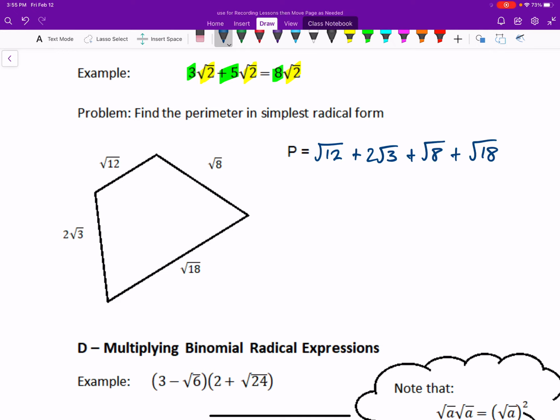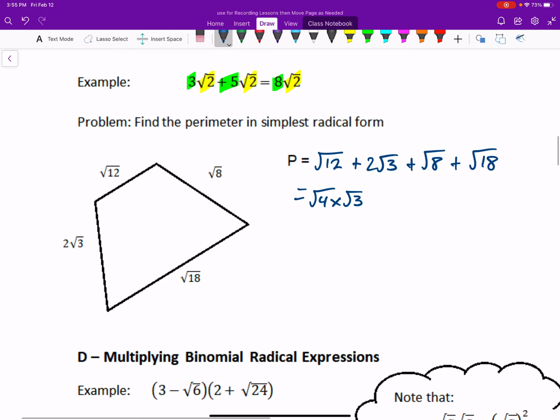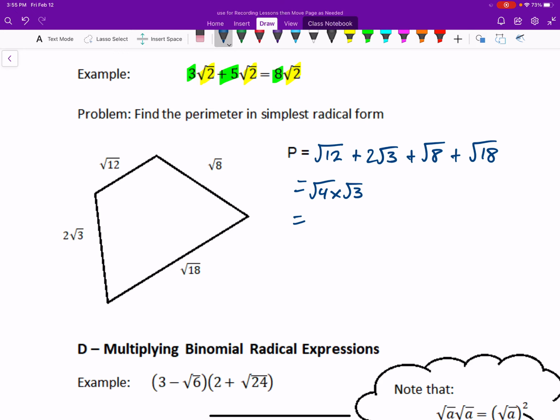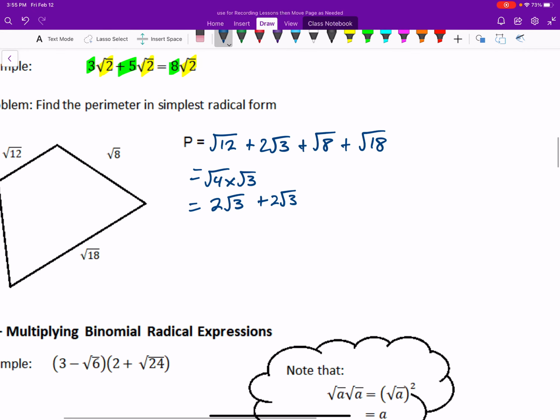Now each one of these radicals, I'm going to try to simplify farther if possible. Root 12 could be broken down into root 4 times root 3, and root 4 is 2. So root 12 is the same as 2 root 3. 2 root 3 can't be broken down any farther, so I'll just leave that second term the way it is.